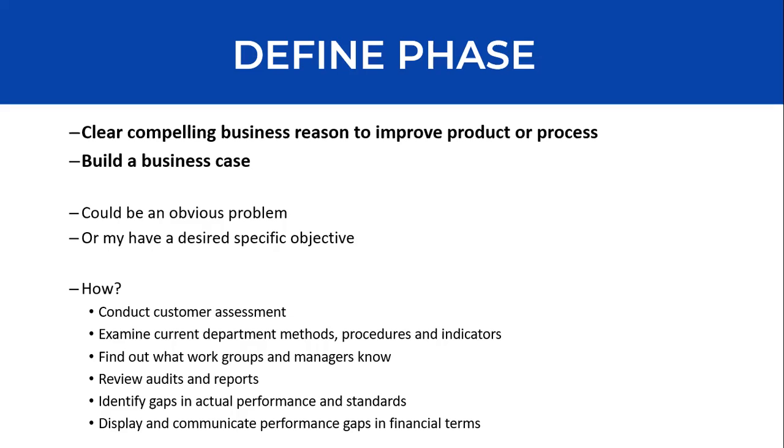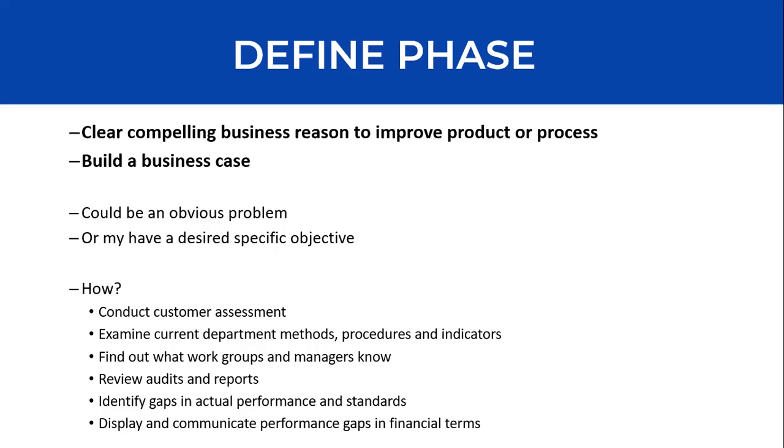If it's a very minor problem, perhaps you can overlook it. But if there is a big problem, for example, DMAIC was used in a hospital once where the green robes that people wear just kept disappearing, and nobody knew where they were going.